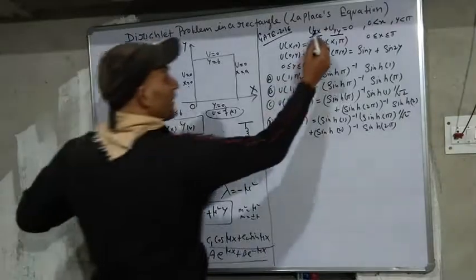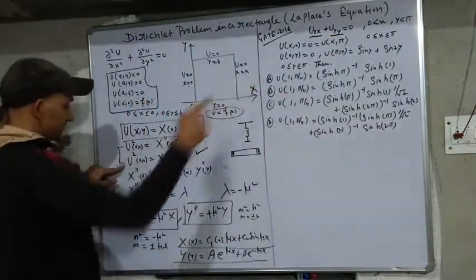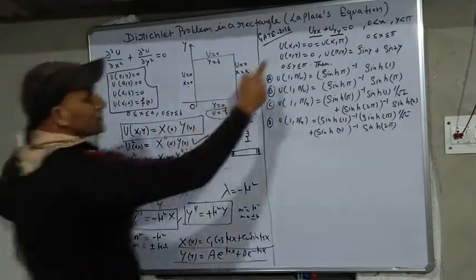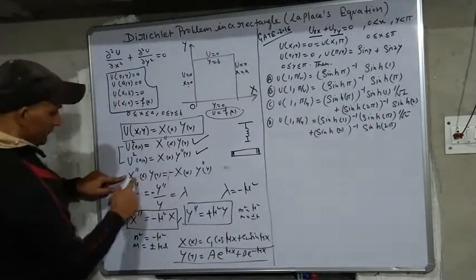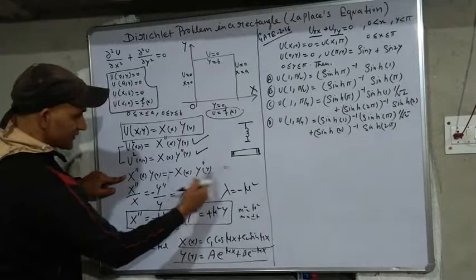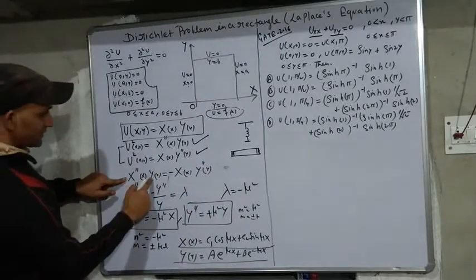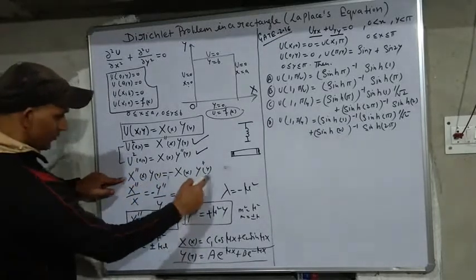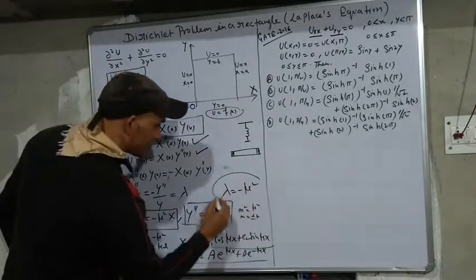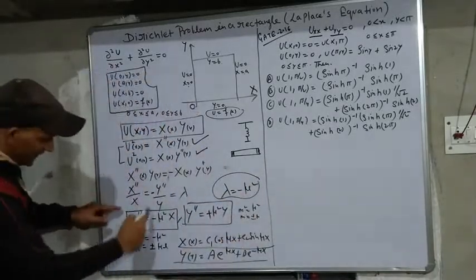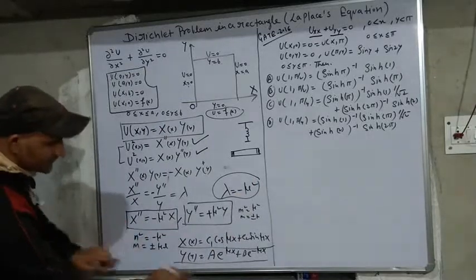Then you add this and this, and this plus this is equal to 0. So this value will come here, then this is equal to minus, so X double dash over X is equal to minus Y double dash over Y. Already we have explained, so you have got this. Now let lambda is equal to minus mu squared, same thing we have got, X double dash, same thing.